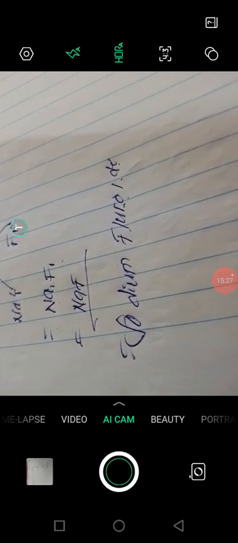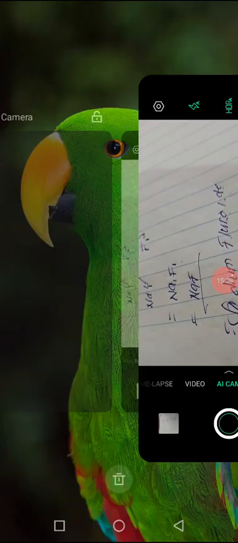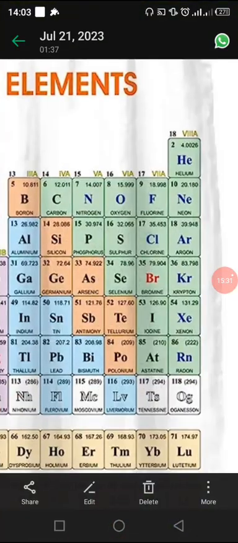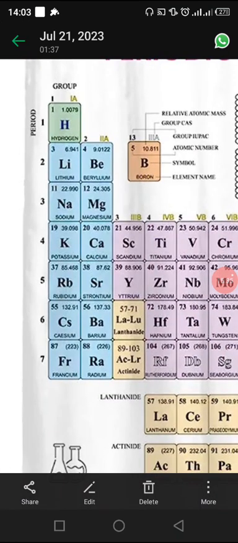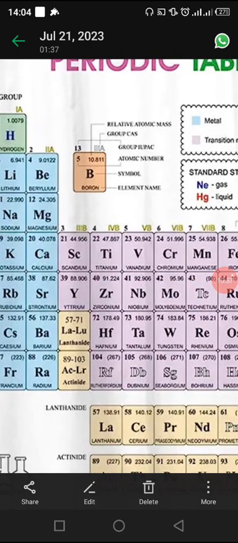So, for instance, let me give another example. In group 2, I get magnesium, which is Mg, and I also go to group 6.